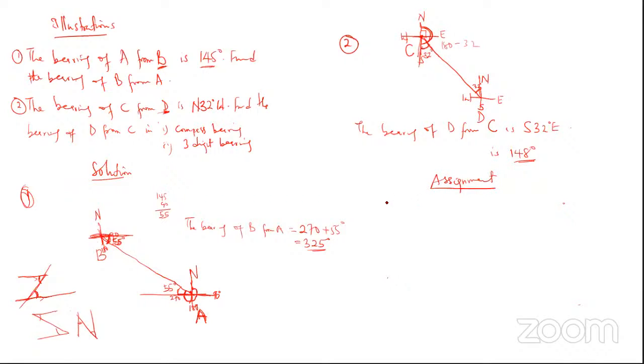So for the assignment, let me give a few assignments here. I'm going to send another one to ISL. I have two assignments to give us. The first one says: the bearing of Q from P is N 47 degrees east.